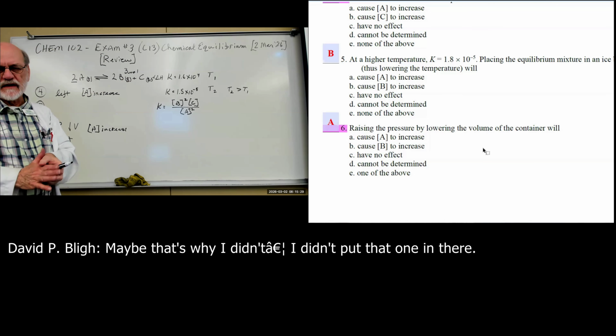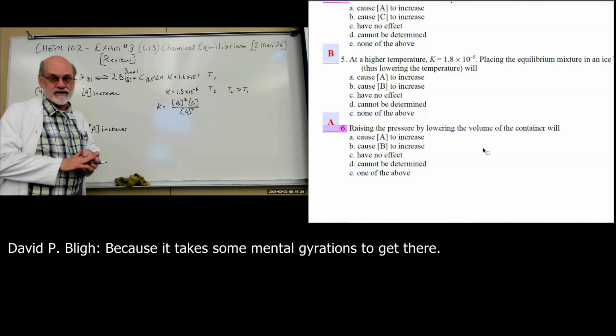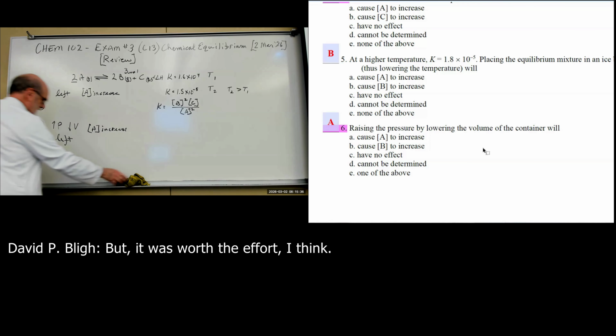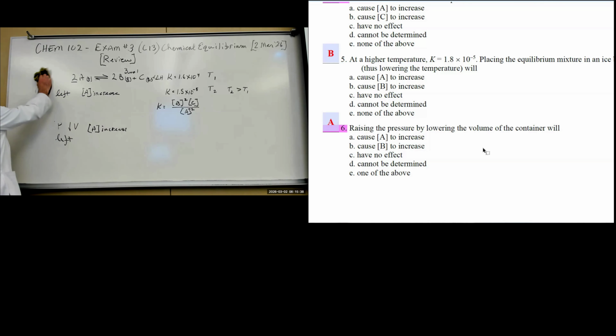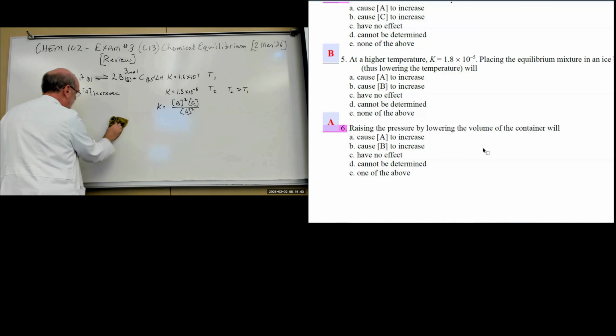Maybe that's why I didn't put that one in there, because it takes some mental gyrations to get there. But it was worth the effort, I think. See if we really know what we're talking about.